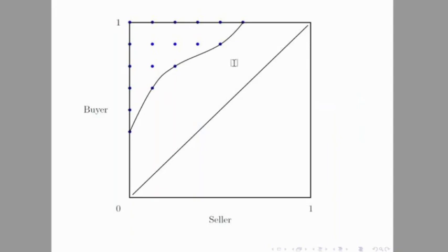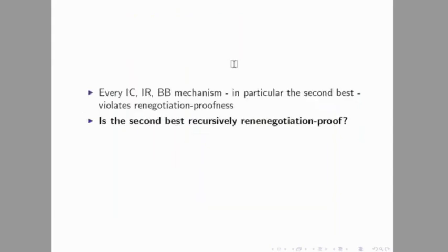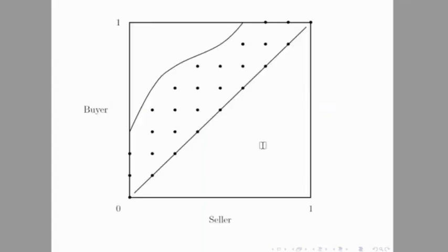And can the agents commit to trade in that fashion? In other words, can the second best mechanism be implemented by a recursively renegotiation-proof contract? And let me state the outcome. Yes, in fact, that can be implemented by a recursively renegotiation-proof contract.